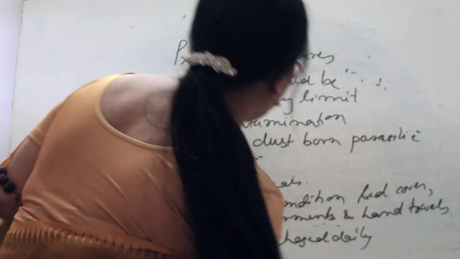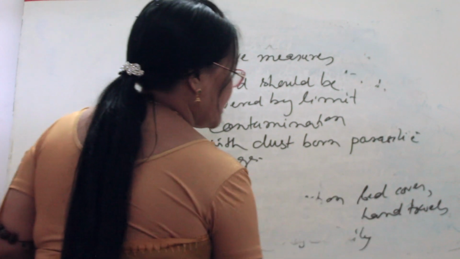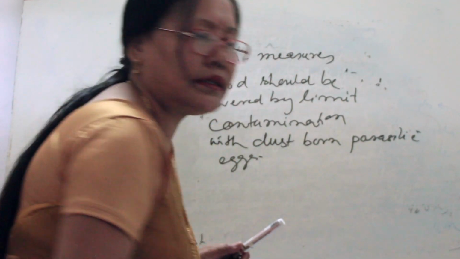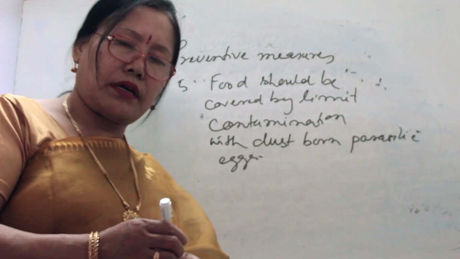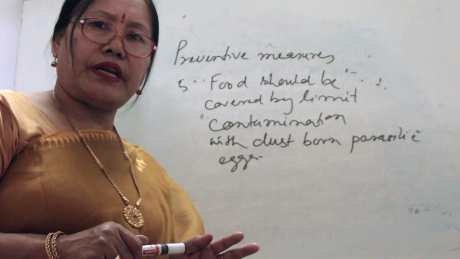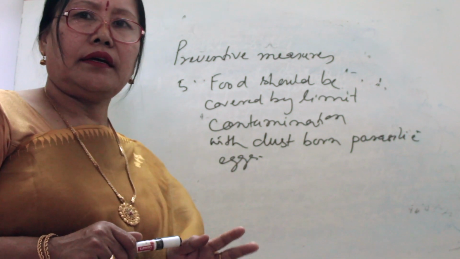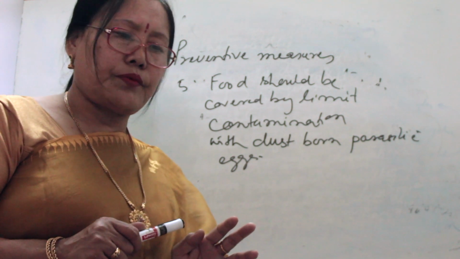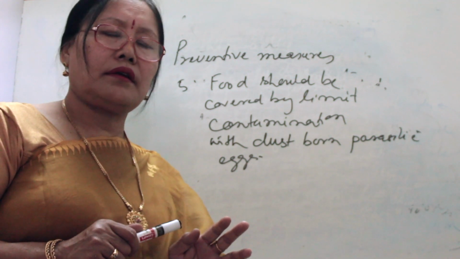These are the preventive measures for this endoparasitic nematode worm, which is commonly known as the pinworm. This disease is very commonly found, and the occurrence is more in children than adults.